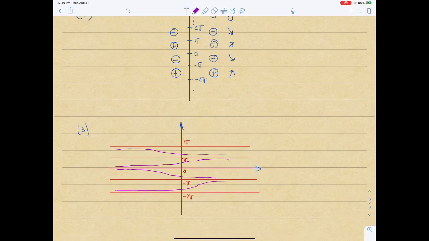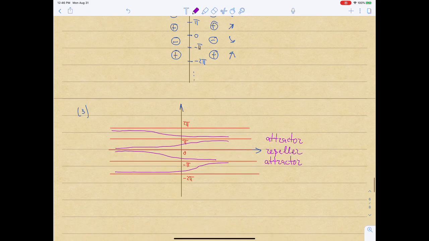And then if we want to classify the equilibrium points, this one is an attractor. This one, 0, is a repeller. Minus pi is an attractor. And clearly minus 2 pi is a repeller.